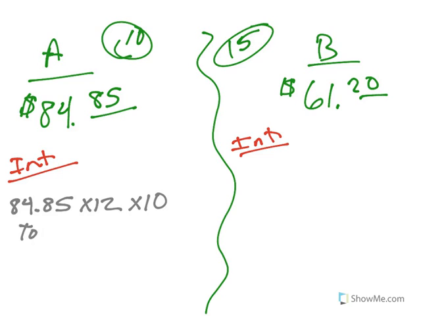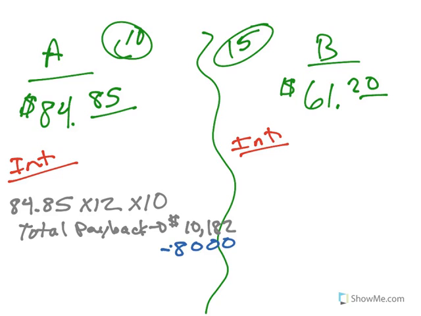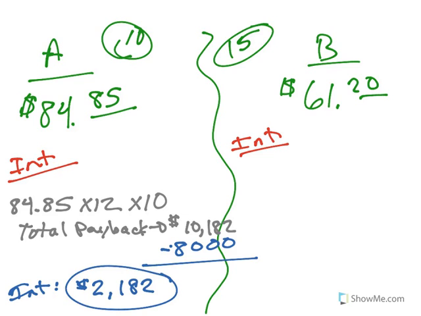So my total payback, how much I'm paying over the life of this loan, is $10,182. If I borrowed $8,000, so let's subtract the $8,000 we borrowed, that means the interest is $2,182 because the difference between what I paid back and what I borrowed is interest. Okay, so that's loan A.